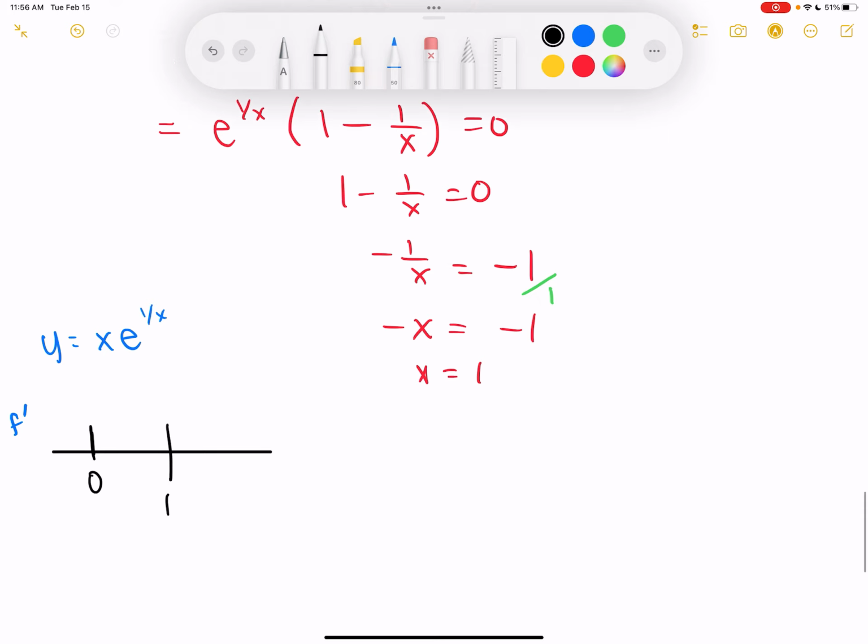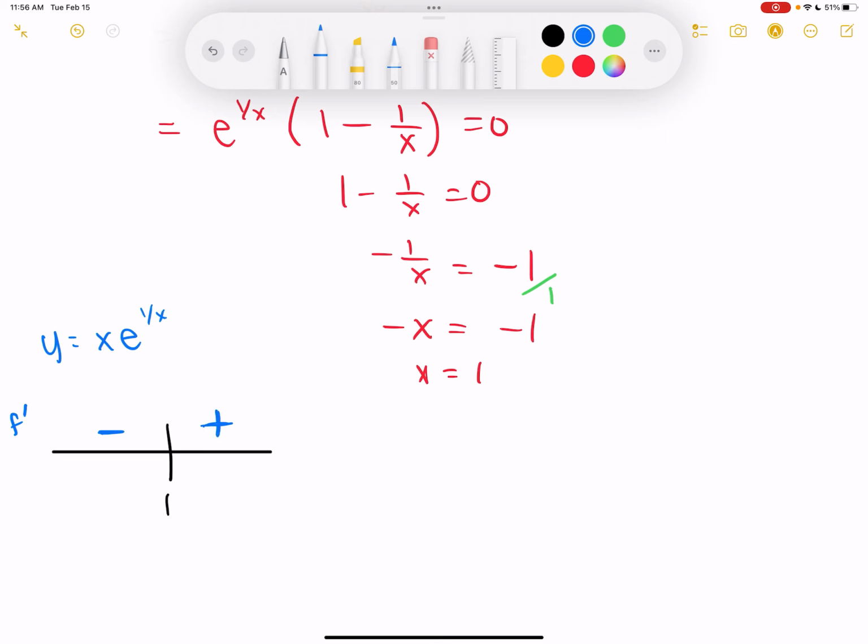So if you plug in negative 1, what do we get? Sign-wise, negative e to negative, so it's just going to be negative. And then if I were to plug in 2, let's say, what is the sign? Positive.